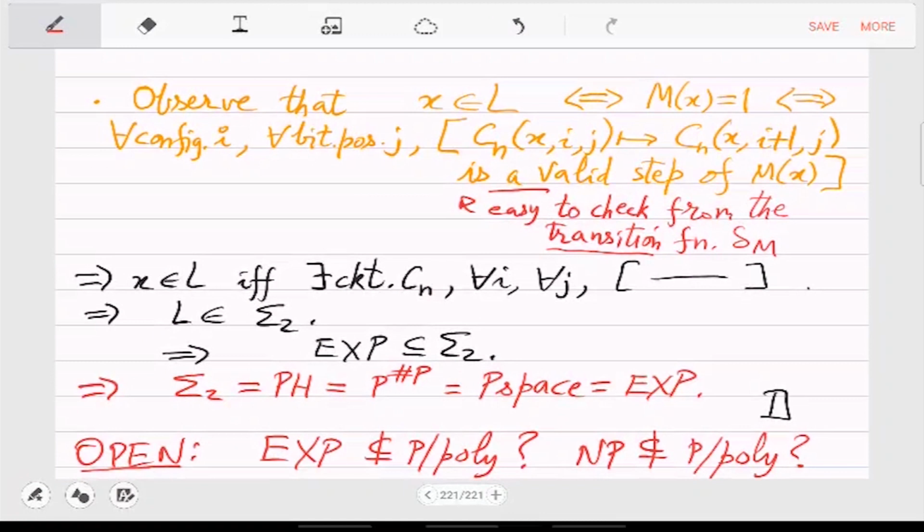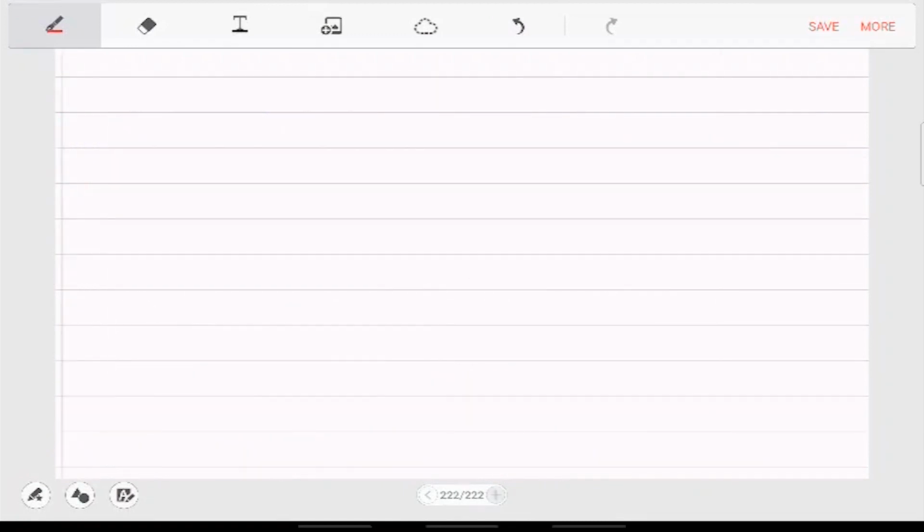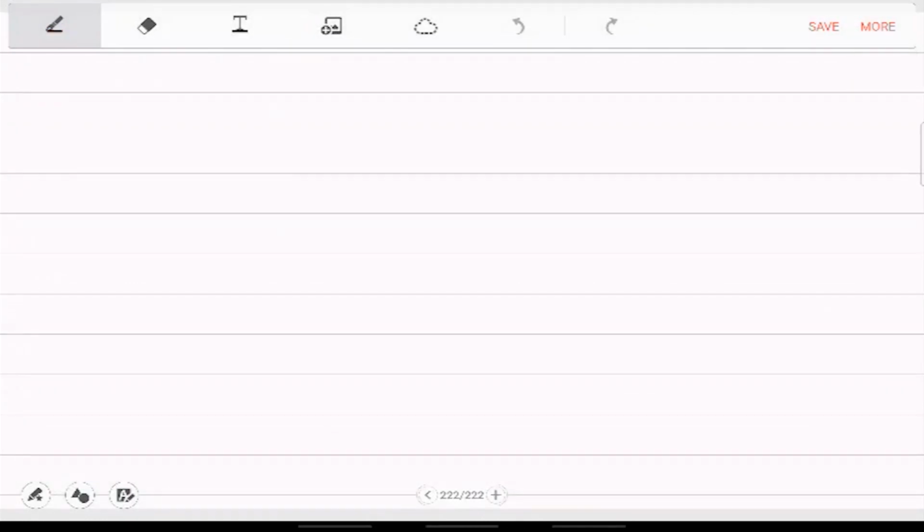Let us give another interpretation of circuits, okay, third interpretation, if you will, and that is to do with parallel computation.